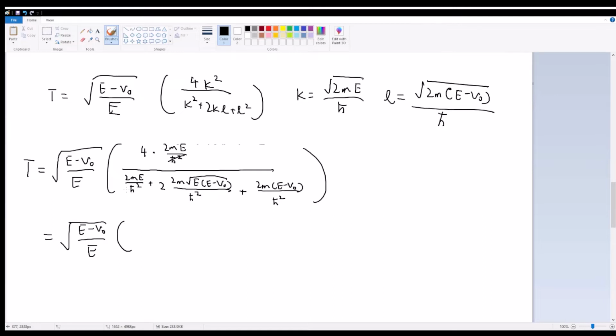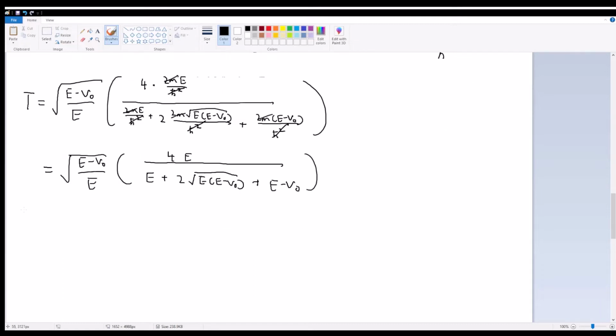So let's cancel out all the h bar squares. We can also cancel out all the 2m's. And what we're left with is 4E divided by E plus 2 times the square root of E times E minus V naught, and then added with E minus V naught.